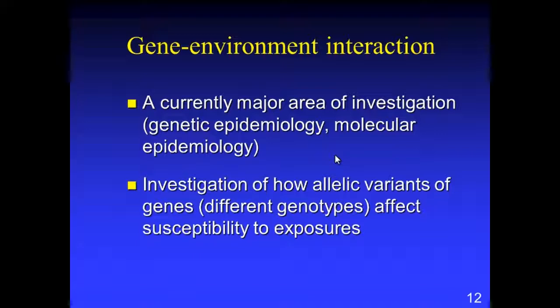For example, some people with certain genetic makeups may be far more susceptible to the effects of cigarette smoking than people with other genetic variants. So I mention this because it's a big area, and some of you may have already worked in it, or some of you may be getting into it. But my main point is that this is an area where we're examining, all the time, effect modification.